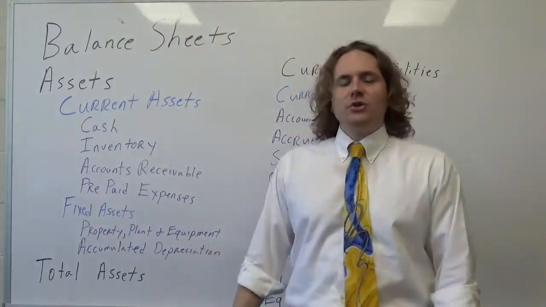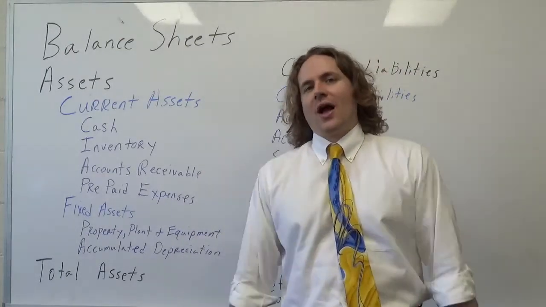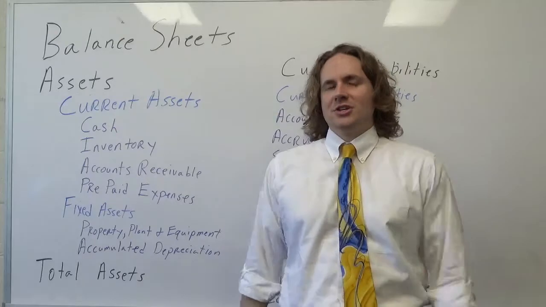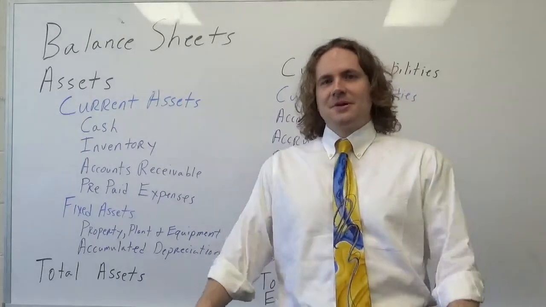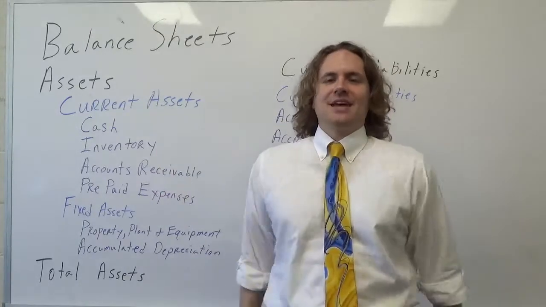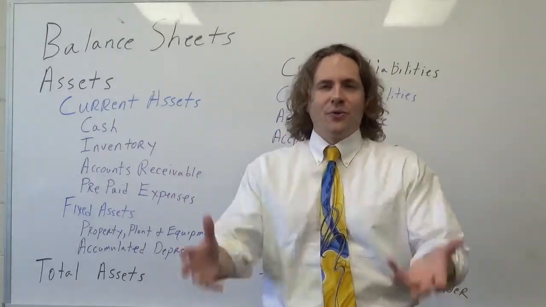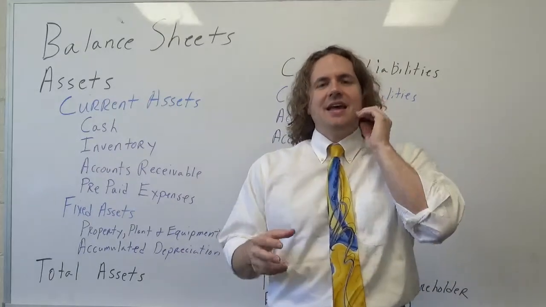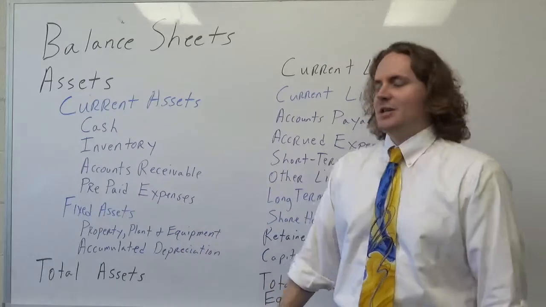You also have accumulated depreciation. If you've ever totaled your car or gotten into a car accident, you know what depreciation is. Let's say you pay $100,000 for a Tesla, and then you wreck that Tesla 5 years later. Well, the insurance company may only give you back, I don't know, $40,000, and they can say that that $60,000 is an example of accumulated depreciation.